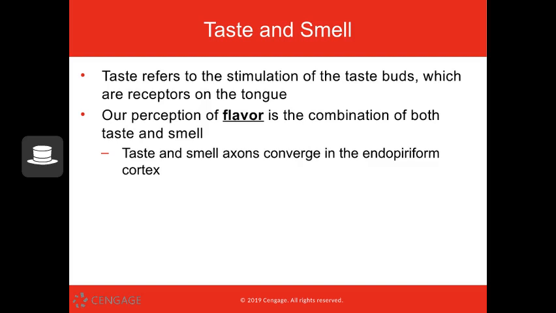So if you've ever wondered why the thing that you think is the most delicious thing in the world to other people is not, well, our perception of flavor is just that. It is a perception. It has nothing to do with the objective taste of something. It's based on how we perceive that taste.